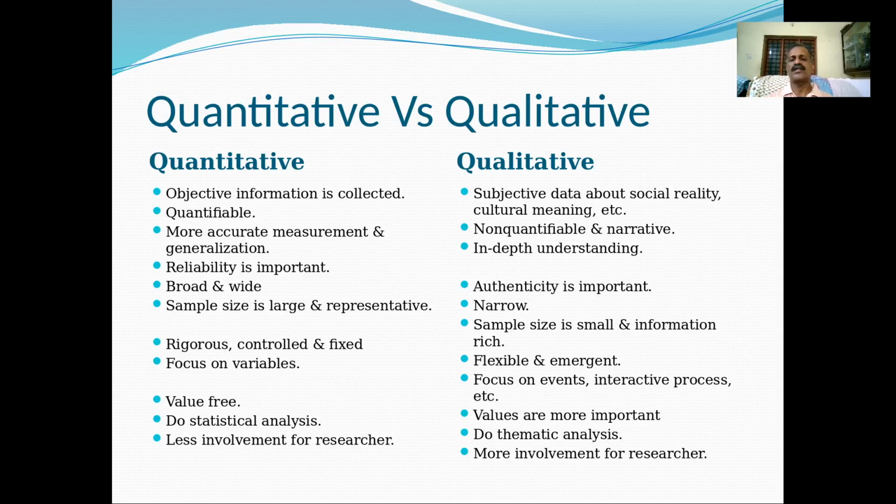Whereas qualitative, the subjective data about social reality, cultural meaning, etc. is collected. For example, a person who has just been taken off the ventilator, I will ask, what is your experience of the care at the time when the ventilator was fixed? So that subjectivity is there.